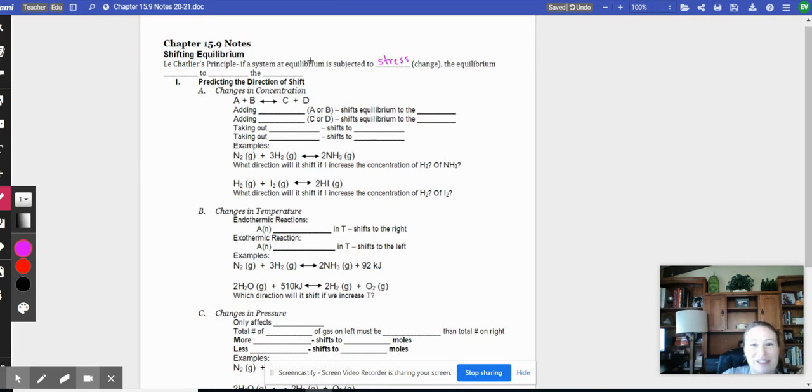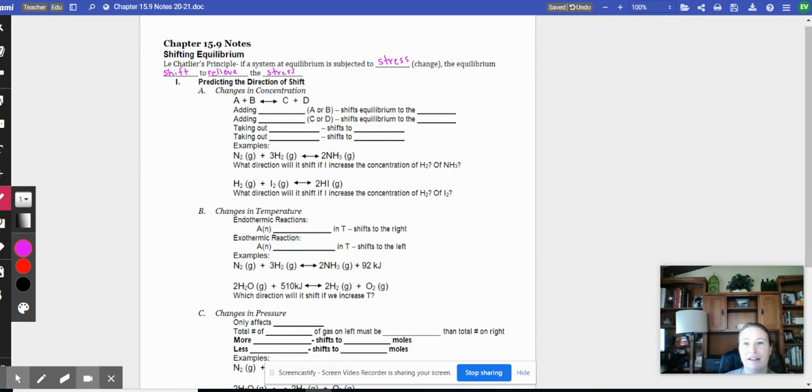The equilibrium is going to shift. It's going to adjust itself. It's going to pivot. It's going to change something else to relieve the stress. So whatever change you make, it's going to try to undo that change in order to reestablish equilibrium.